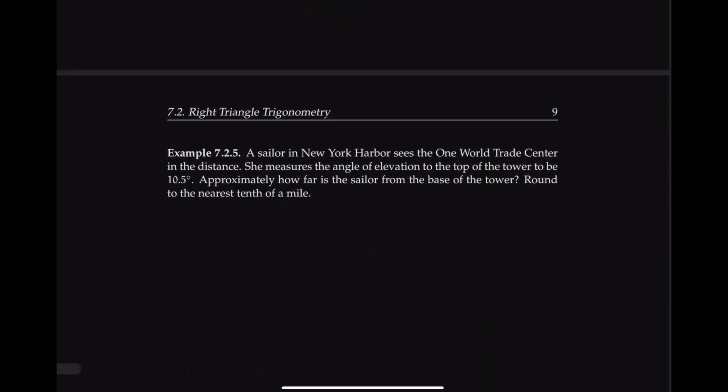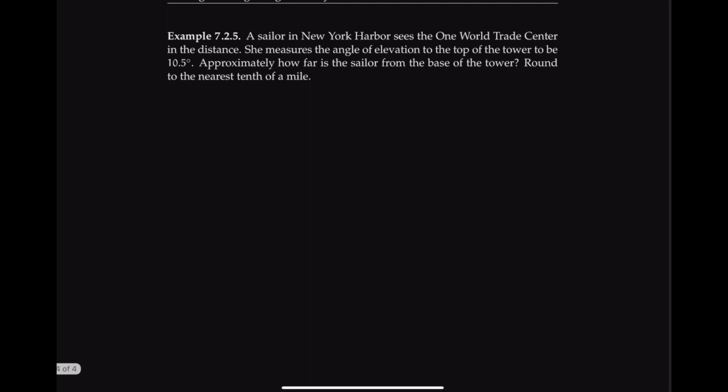A sailor in New York Harbor sees the One World Trade Center in the distance. She measures the angle of elevation to the top of the tower to be 10.5 degrees. Approximately how far is the sailor from the base of the tower? Now we're missing a key piece of information here that we could look up. The height of the One World Trade Center is actually symbolic.